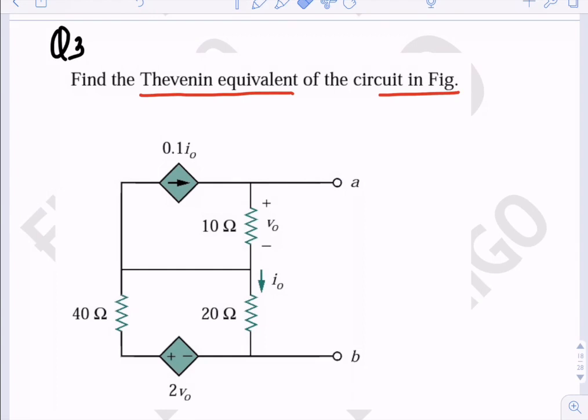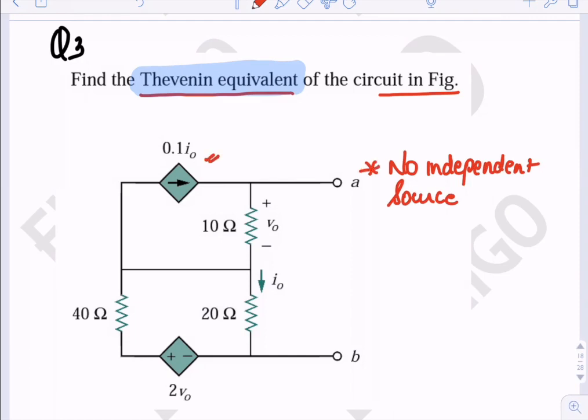Now this question I have kept to tell you a very important point. First of all, if we look at the circuit, we can see that there is no independent source. There is no independent source in the circuit. All are dependent sources.